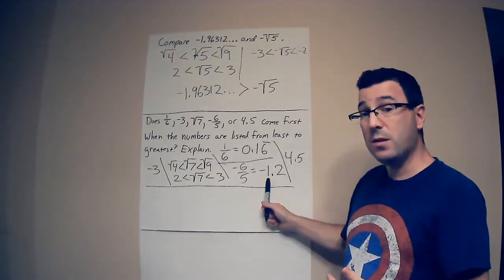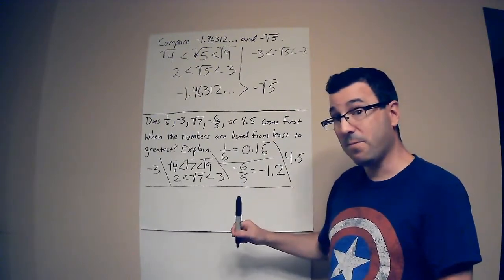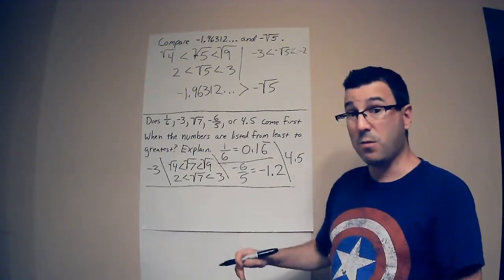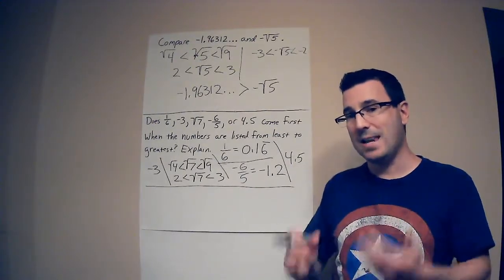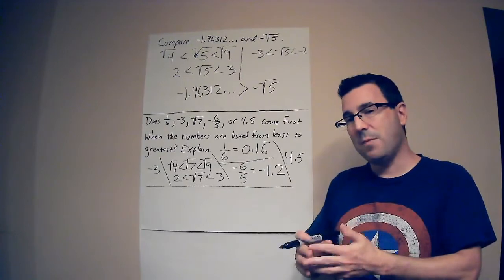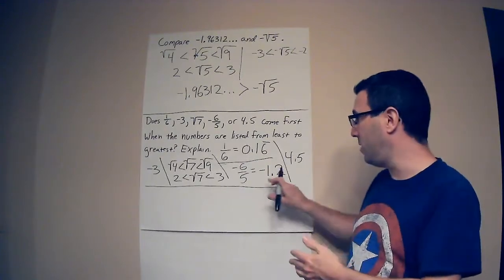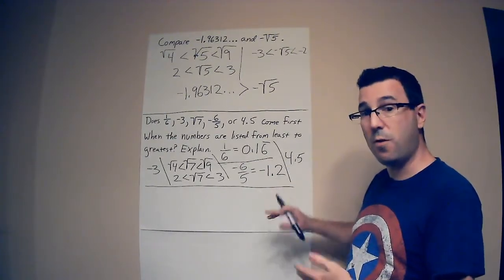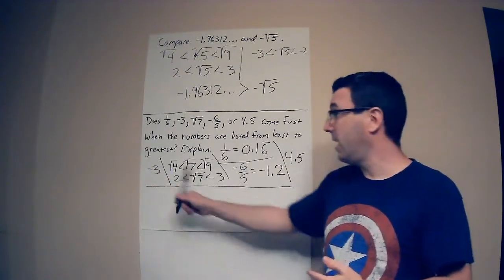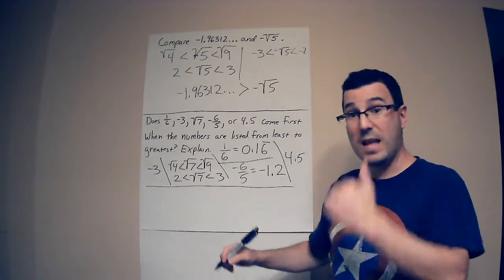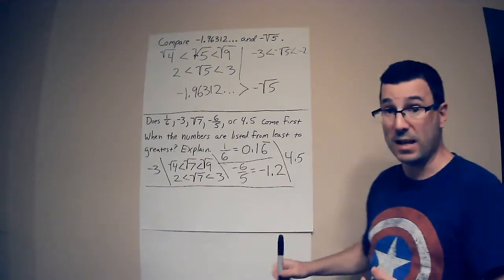Negative 1.2 compared to negative 3. Your initial thought might be, well, negative 1.2 is smaller, but again, remember, with that negative, it's talking about the distance from 0. So is 1.2 farther from 0, or is 3 farther from 0? 3 is farther from 0, so that's the smaller of those two negative numbers.